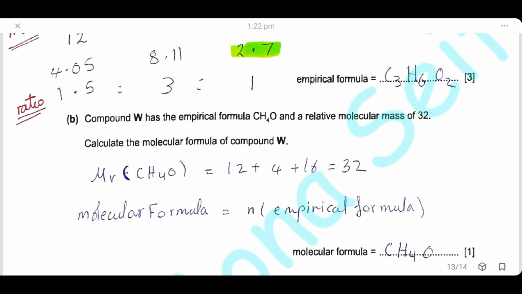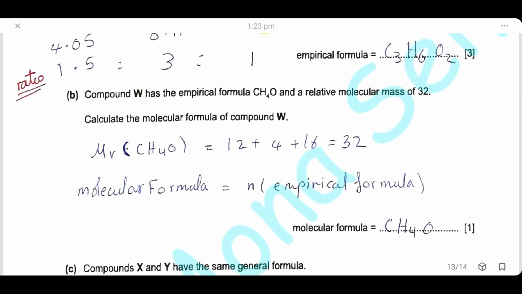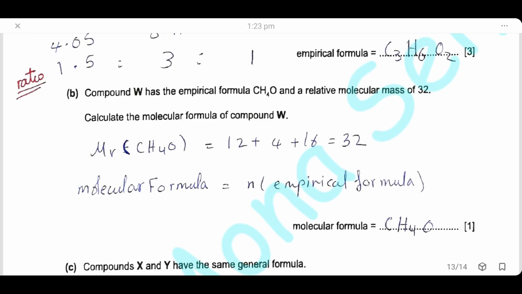This will be 32. So the empirical formula mass is equal to the relative molecular mass. Both are 32, so N is 1, and the molecular formula is the same as the empirical formula.